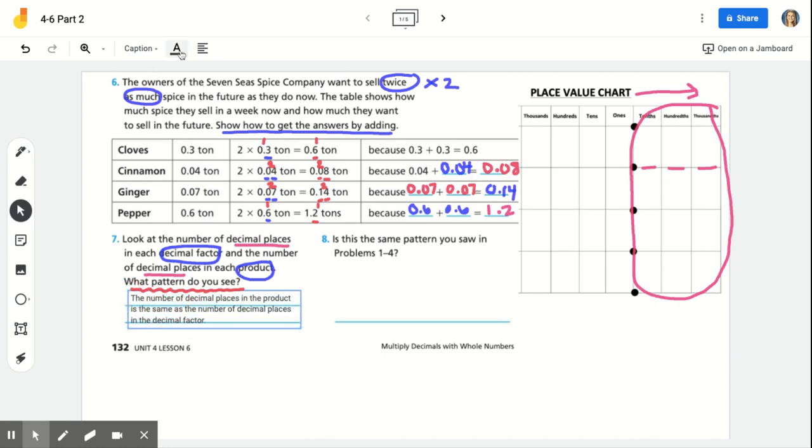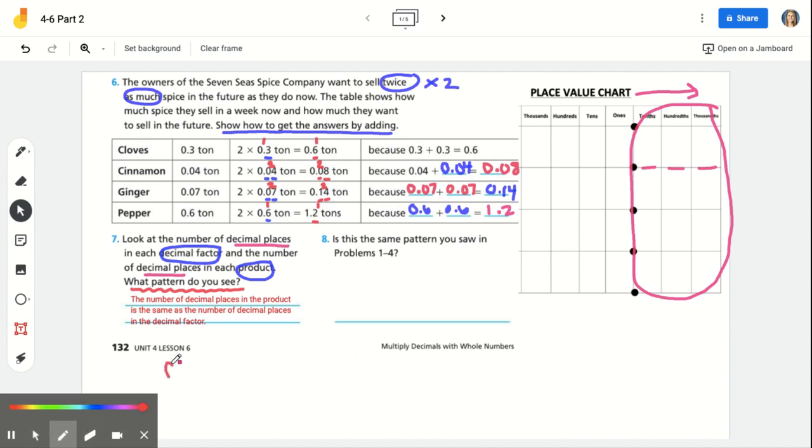Let me change the color to make it a little easier to see. The number of decimal places in the product is the same as the number of decimal places in the decimal factor. Remember, factor times factor is equal to product. So the number of decimal places over here has to be the same as the number of decimal places over here. And once you have number 7 down, do you have that in your book? It's really important that you do.